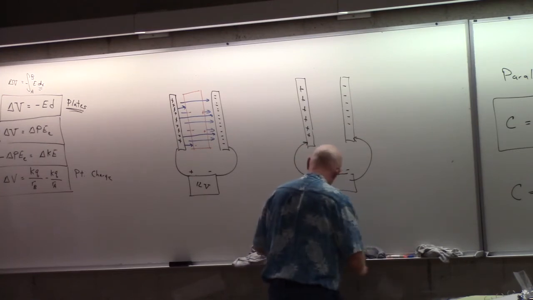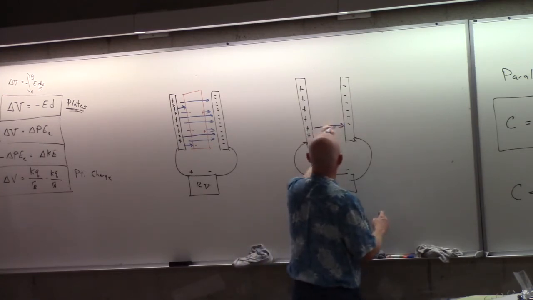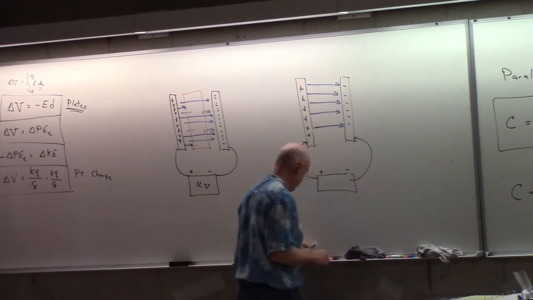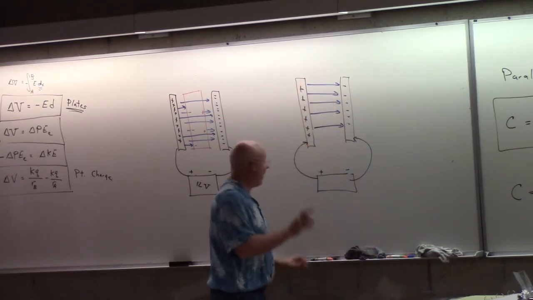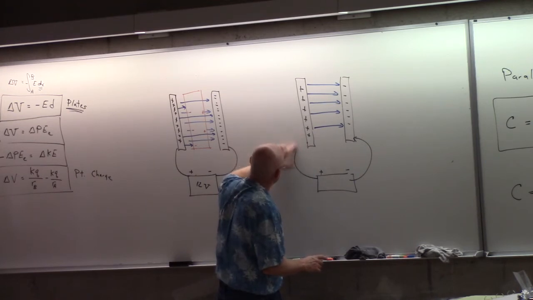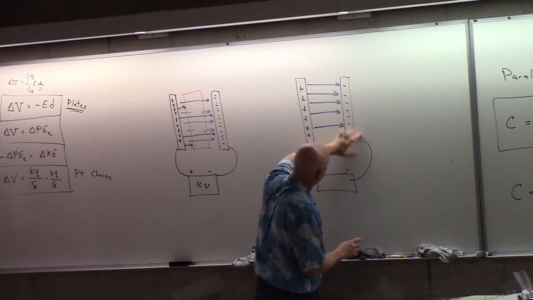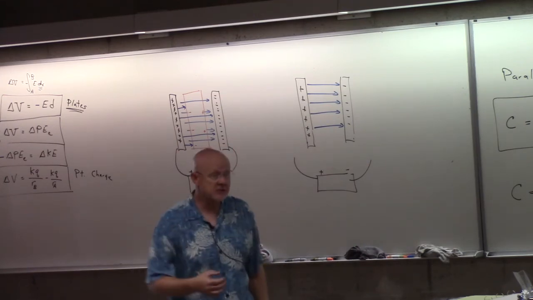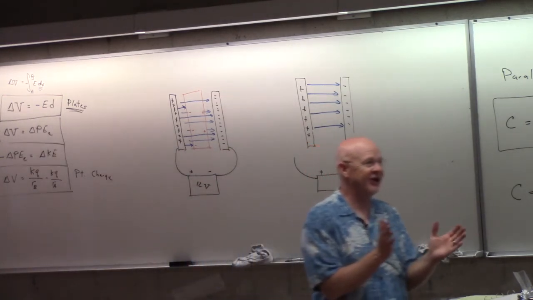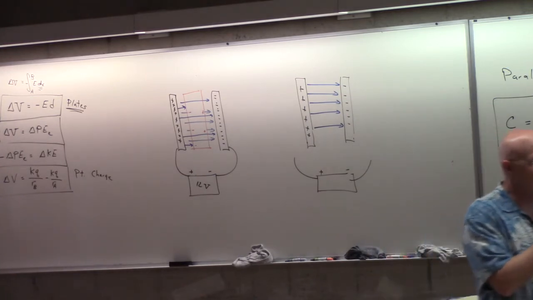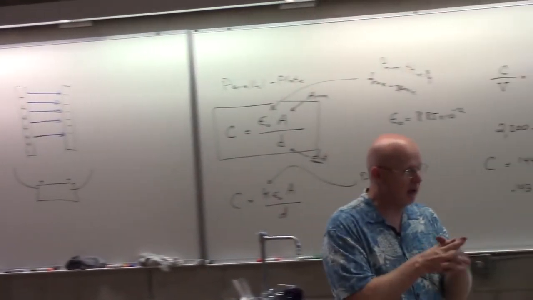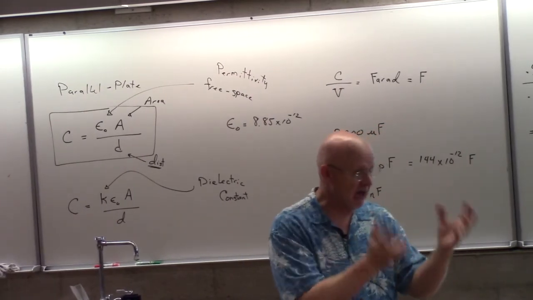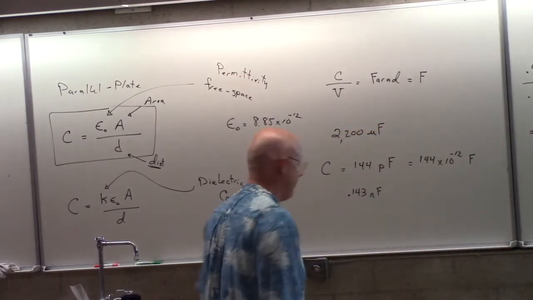That gives me my electric field, 5 lines: 1, 2, 3, 4, 5. And if I were to disconnect, I get a little different scenario. This is based on the principle of conservation of charge, right? You cannot increase the amount of charge on its own. You can't just make electrons out of nothing. They have to come from somewhere.